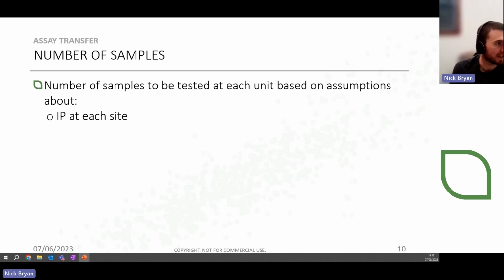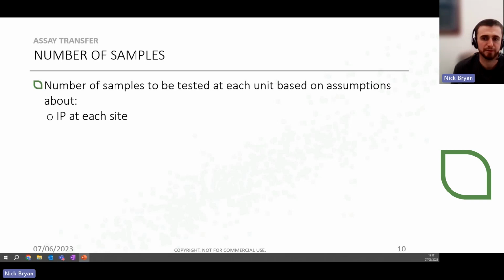So firstly, we have the intermediate precision at each site. This is mentioned in the ICH guidelines, but they talk about between site variability, and this isn't particularly clear, because when they are referring to between site variability, they're actually talking about the intermediate precision at each site.